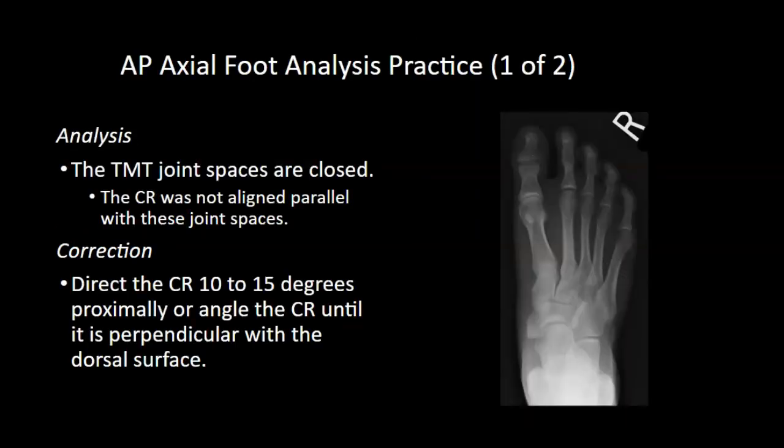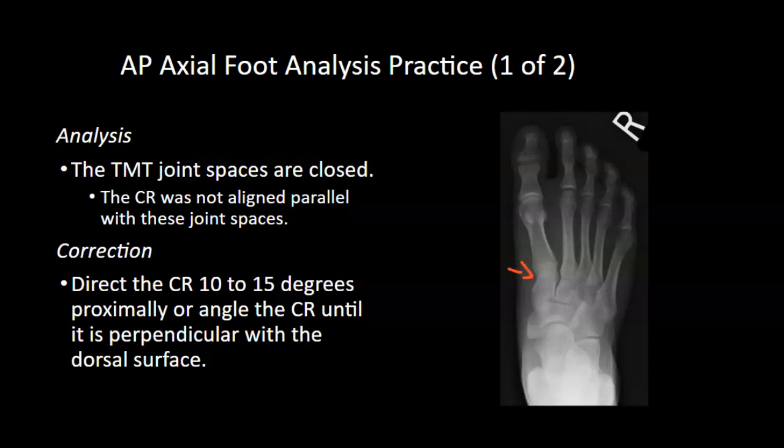In this first image analysis practice, we really want to take a look at whether there is any rotation in the projection. As you can see, there is definitely equal distance between the tarsal bones, so it's safe to say that there's no rotation. However, we also want to look at our angulation, and we need to see if our tarsometatarsal joint spaces here are open.